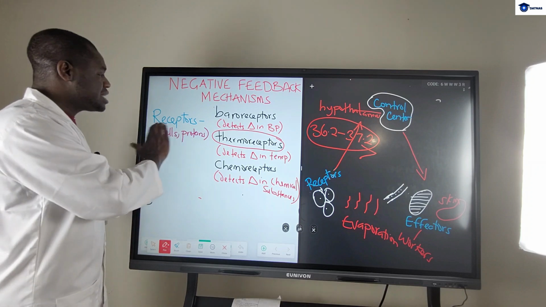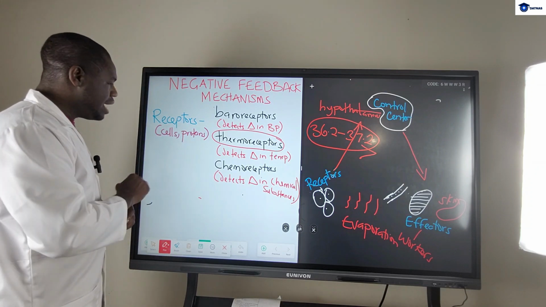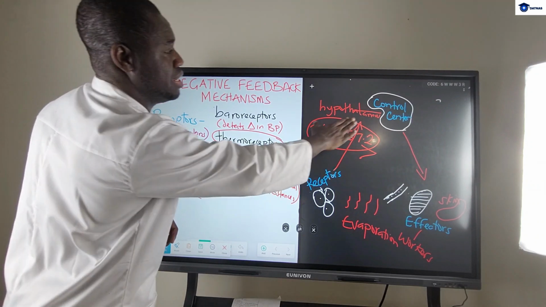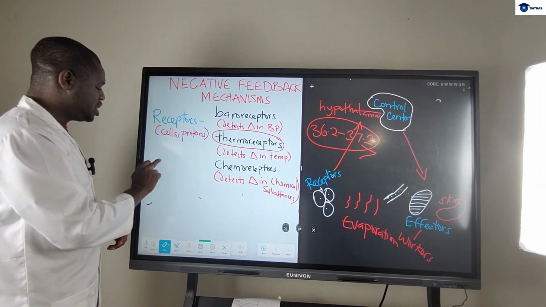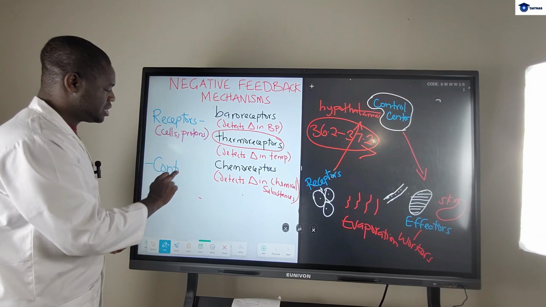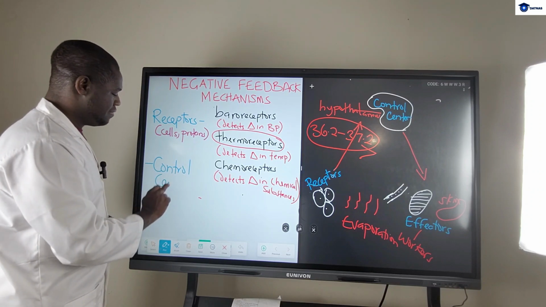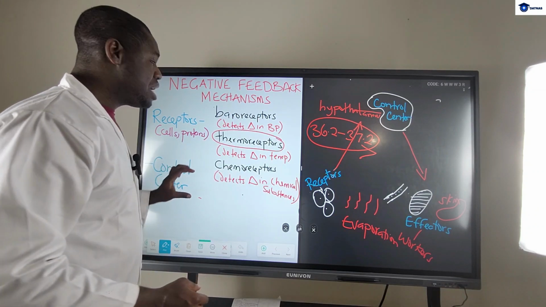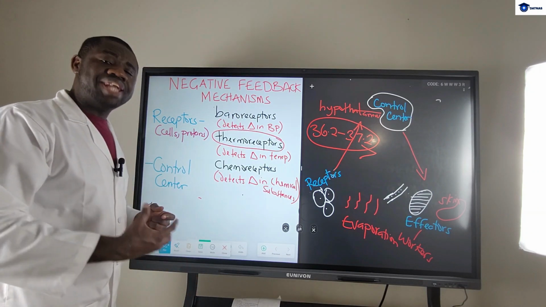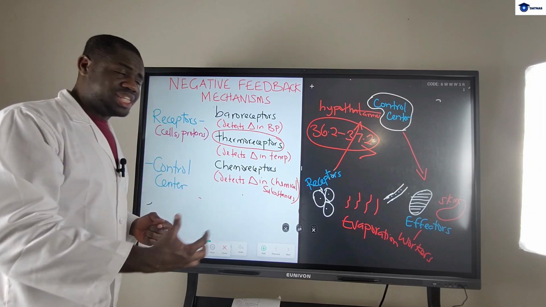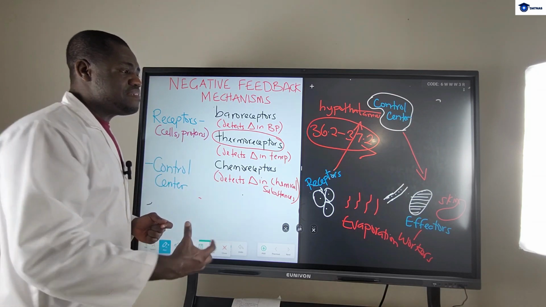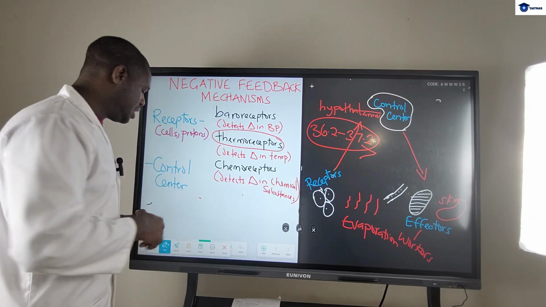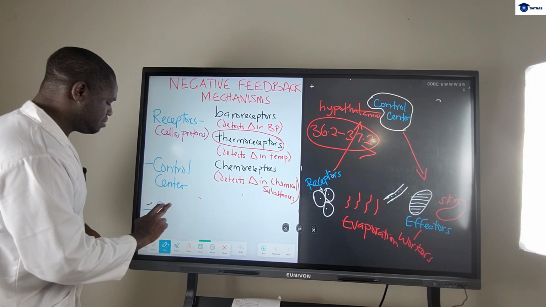So we have talked about the receptors, and we also talked about the control center, which is the second component of homeostasis. Like we said, the control center acts as a decision maker. It instructs the effectors to respond to the changes in the body. And we have the effectors.